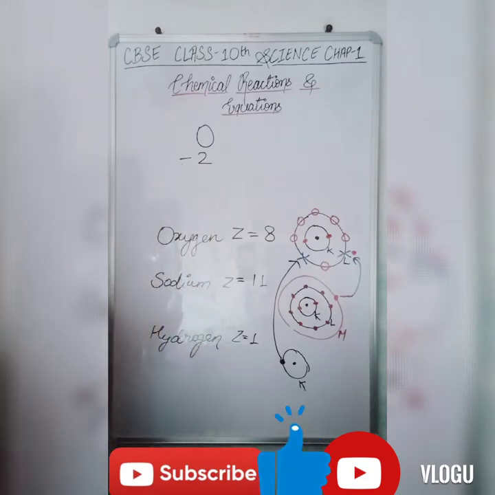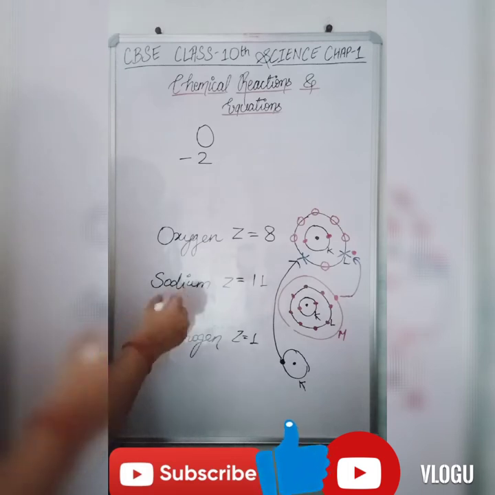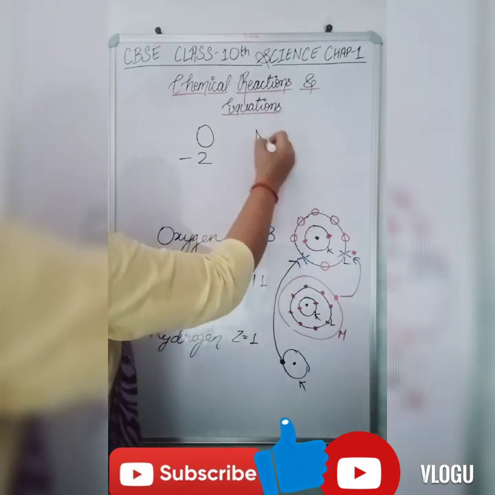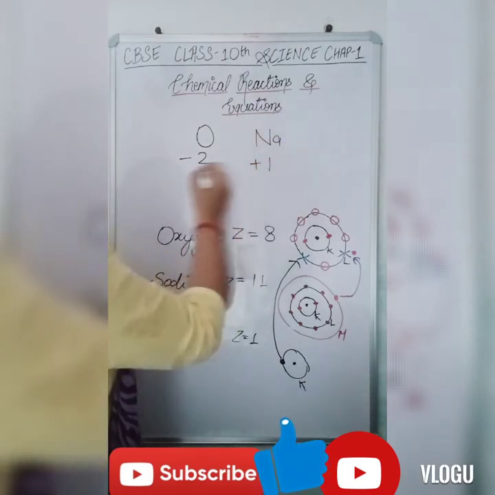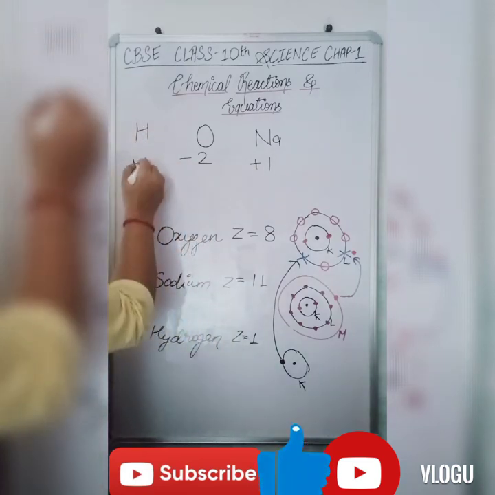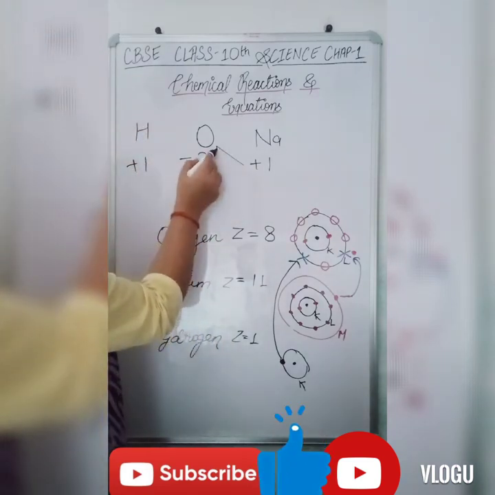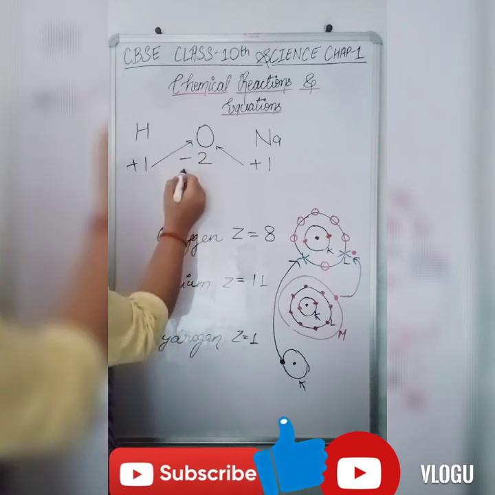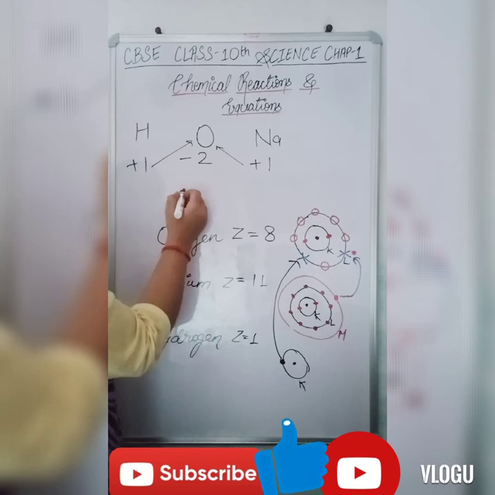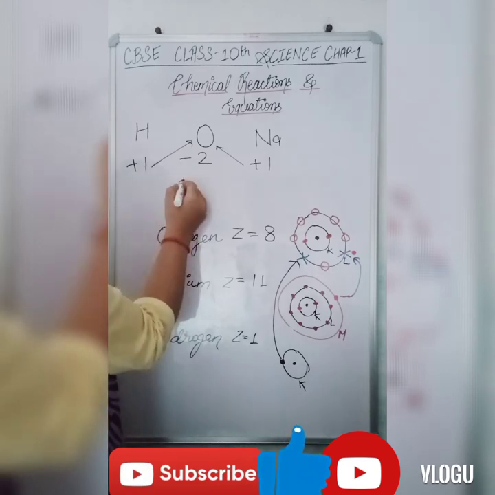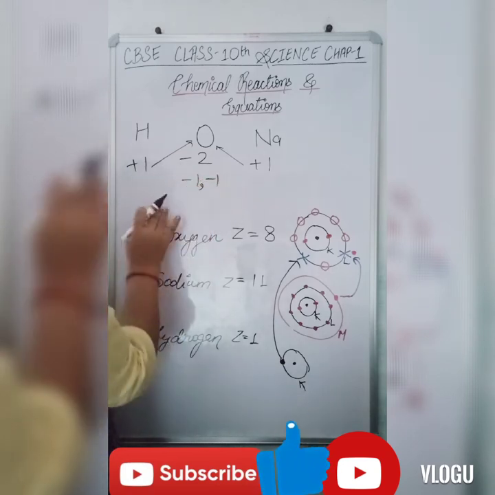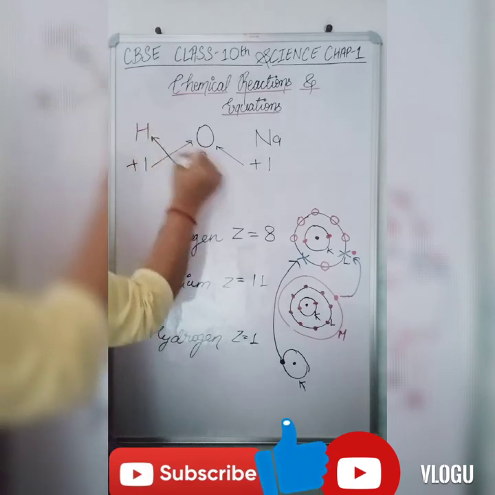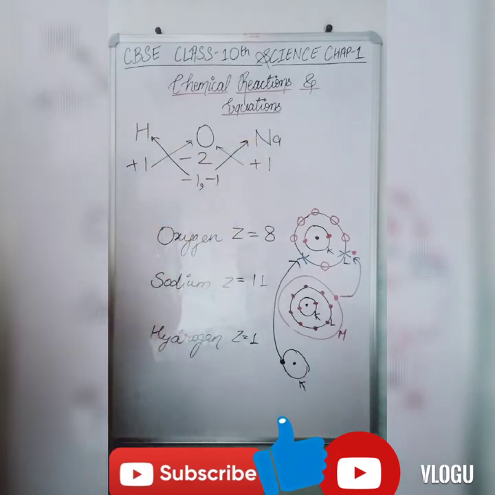So it will get a minus sign, and then sodium plus 1, and then hydrogen plus 1. So this one goes here, this one goes here, it can be written as minus 1 and minus 1, right? So 1 minus 1 goes here, and 1 minus 1 goes here.